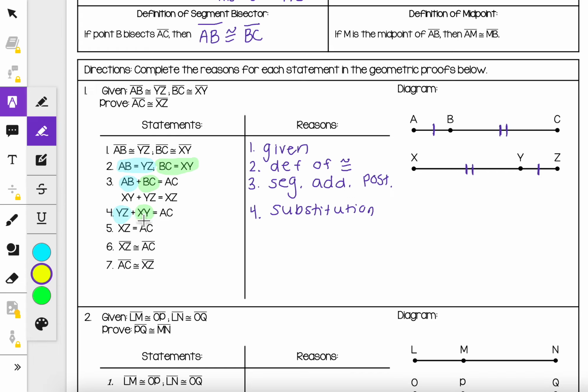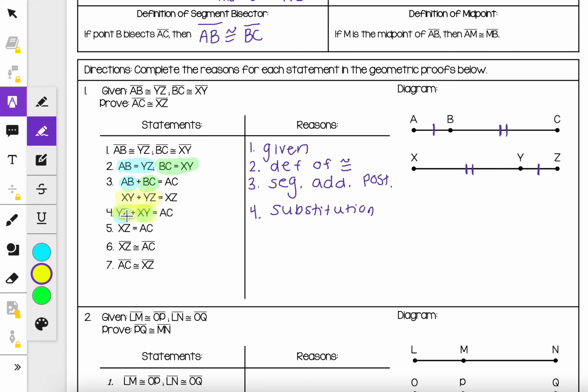If you look at step 4, I have YZ plus XY. If I look at my second equation from step 3 for that segment addition postulate, I also have XY plus YZ. Okay, that's the same thing. XY plus YZ is the same thing as XY plus YZ.